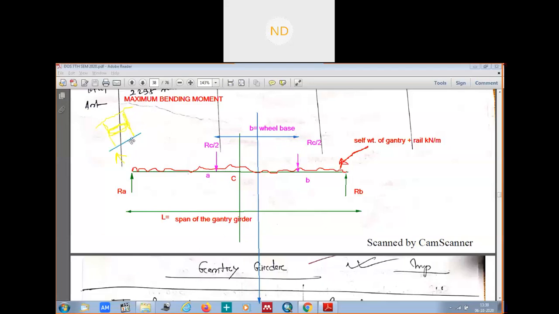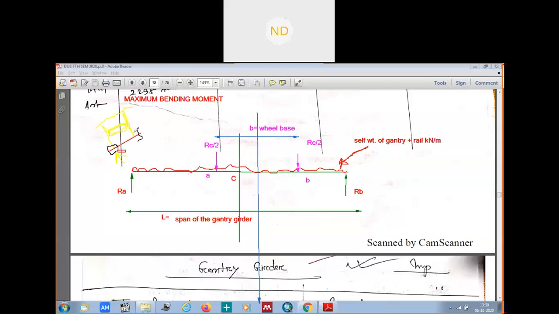This was your, suppose, the crane girder. Here is your one wheel.